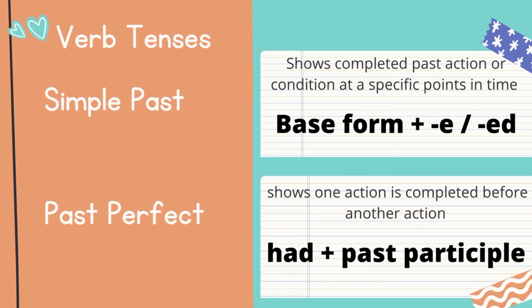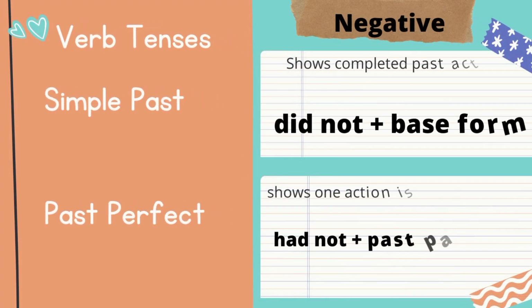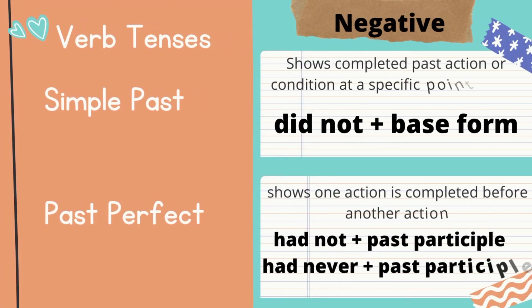To better remember the difference of the two, be familiar with the formulas. For simple past, it is the past form of the verb, plus d or ed, and for past perfect it's had plus the past participle. For negative sentences, the formula for simple past is did not plus the base form of the verb, while for past perfect it is had not or had never plus the past participle.